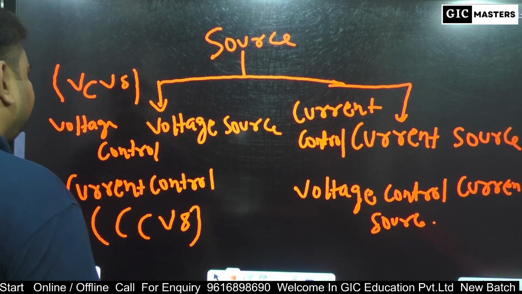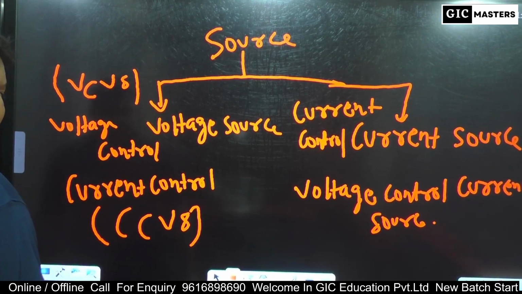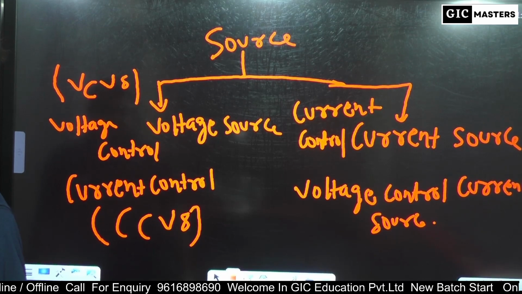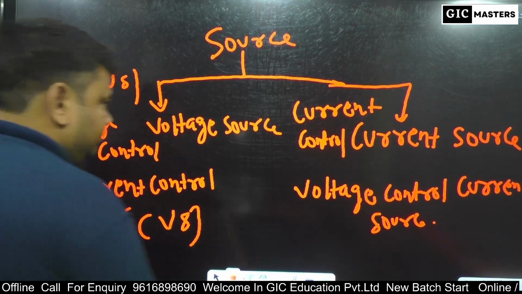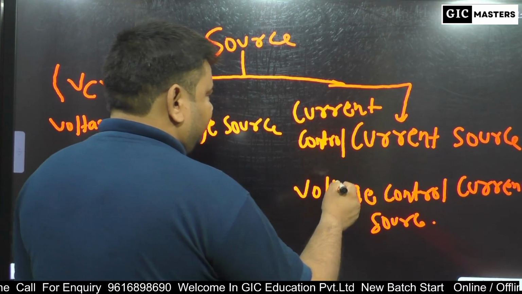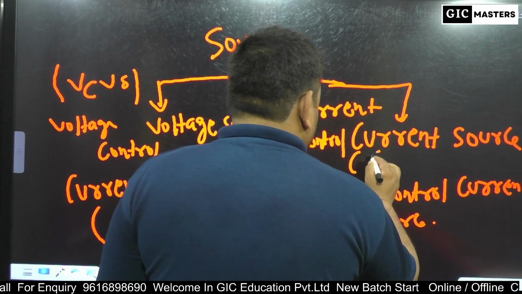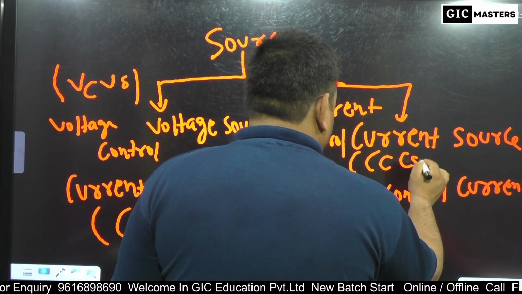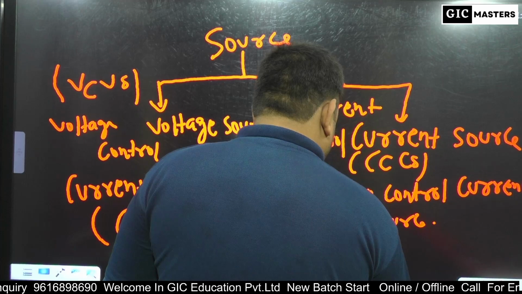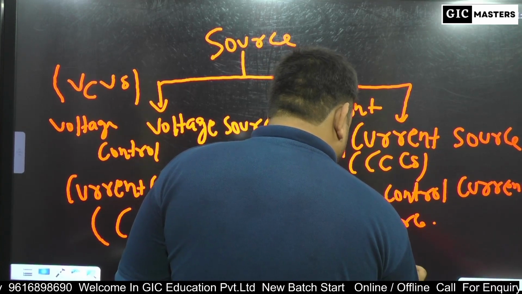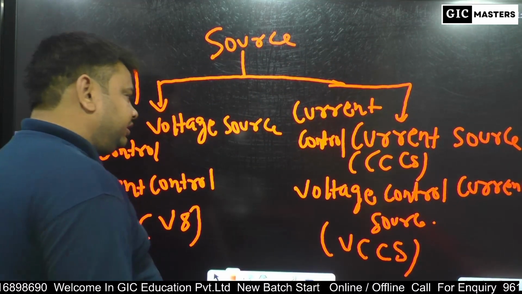VCVS means voltage controlled voltage source, and CCVS means current controlled voltage source. Similarly, current controlled current source is CCCS and VCCS is voltage controlled current source.